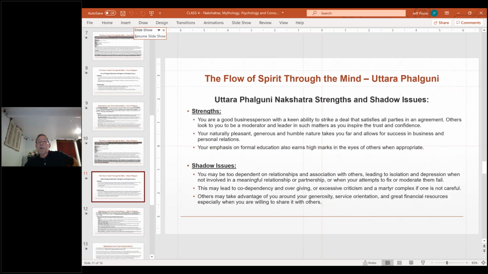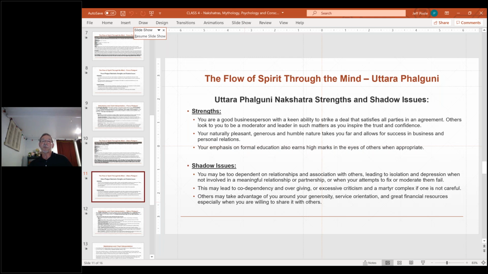So when we look at the strengths and weaknesses of Uttara Phalguni, what we see is you'll be a good business person, and you'll have a keen stability to strike deals and satisfy all the parties in the agreement. Others will look to you to be a leader, a moderator in all the matters that you inspire, and they will trust in your confidence.